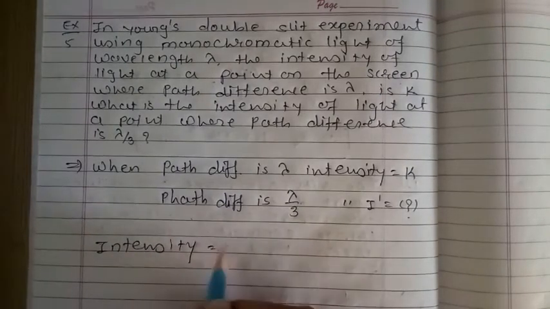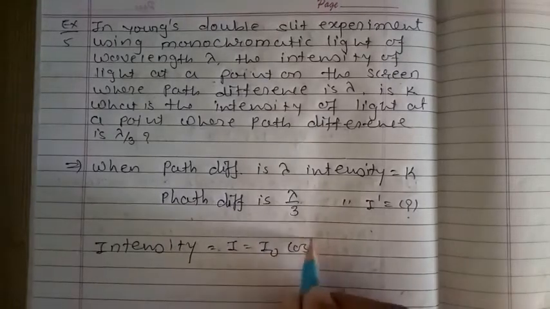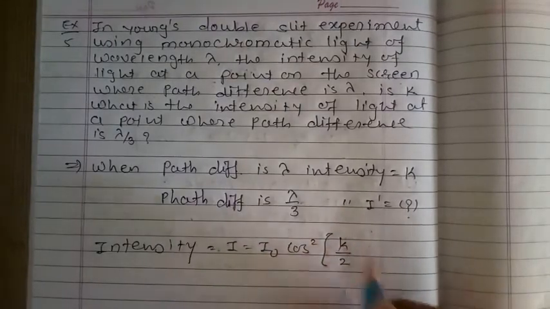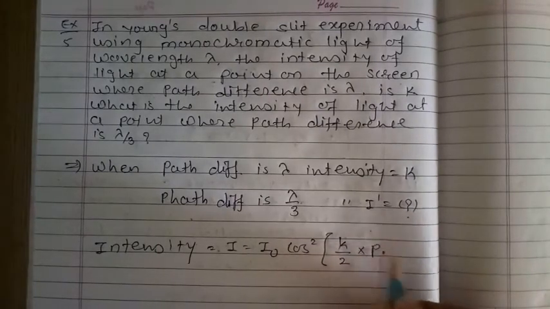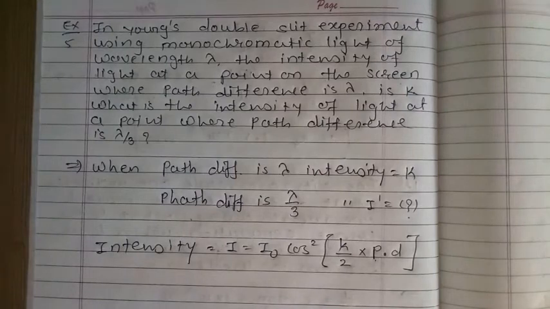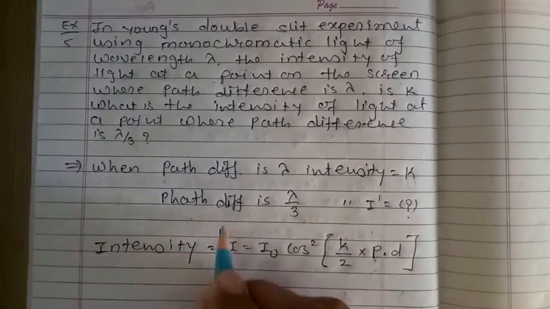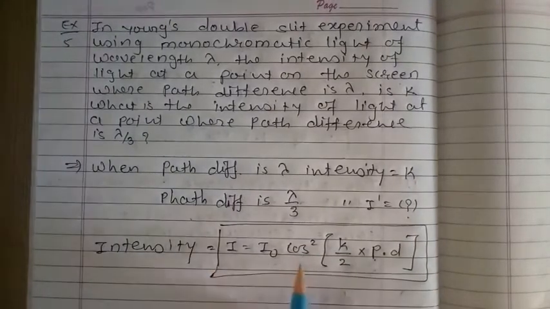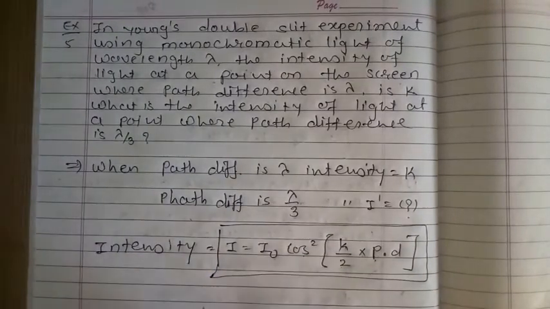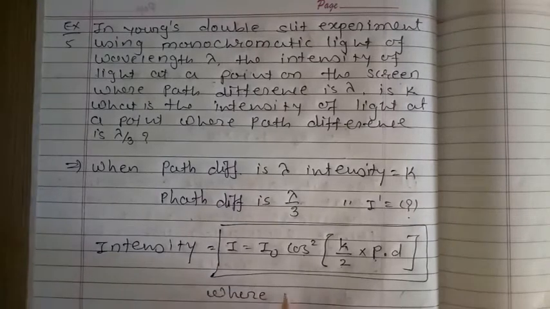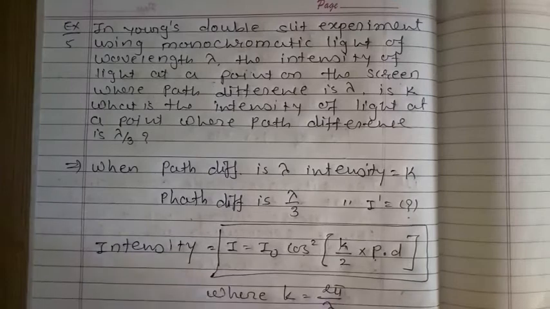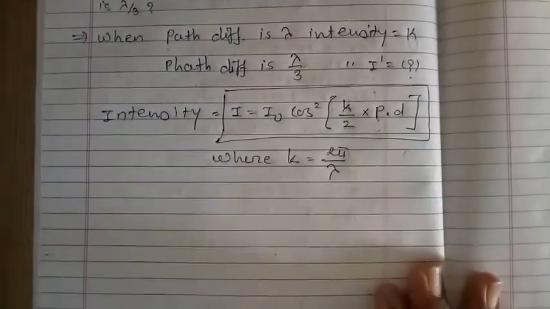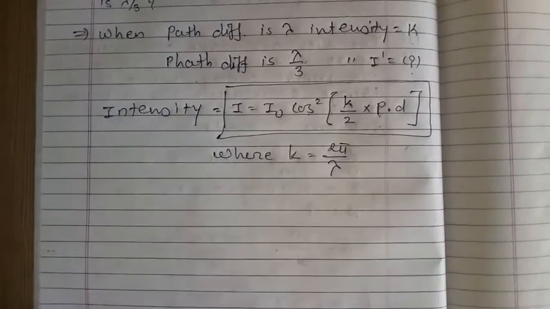The intensity I is equal to I0 cos square of k by 2 into PD, where PD means path difference, and k is equal to 2 pi by lambda. You have to remember these things.